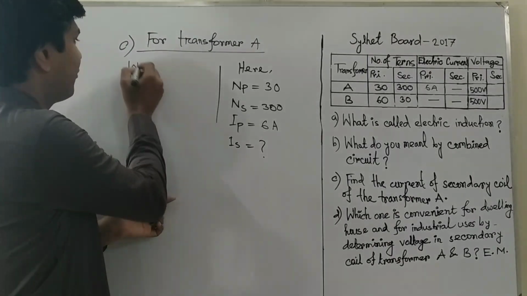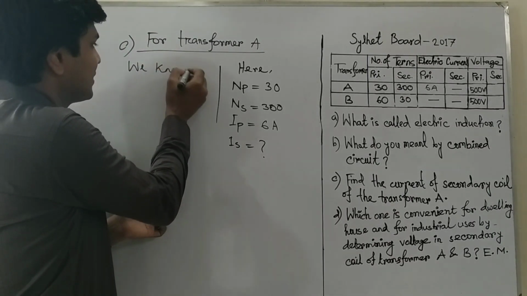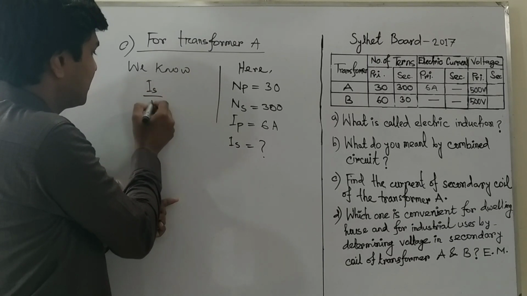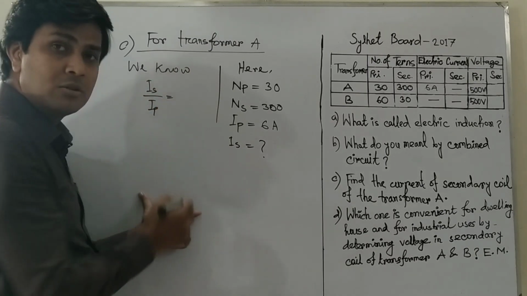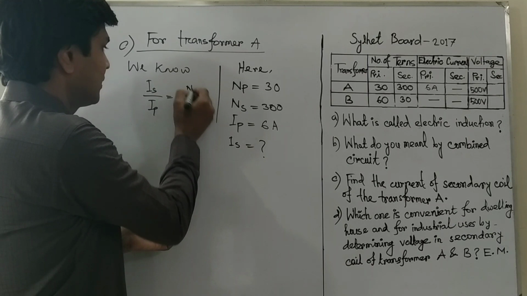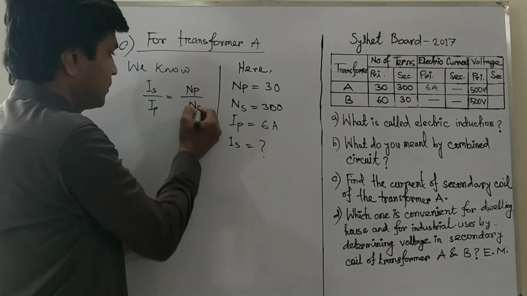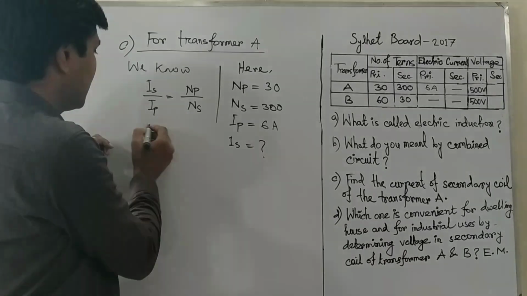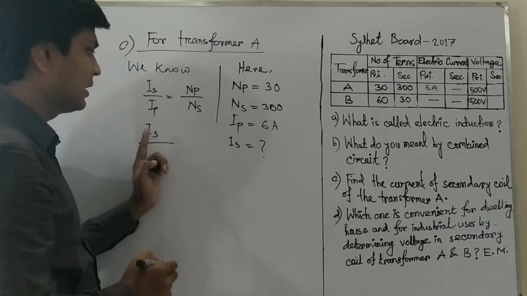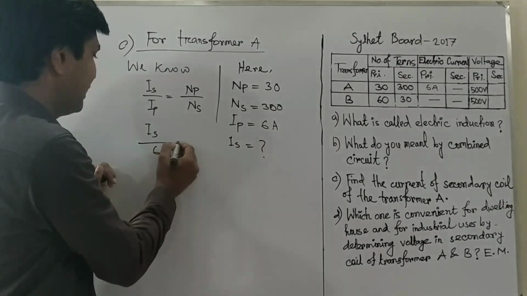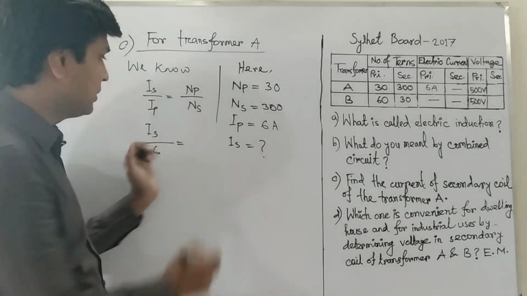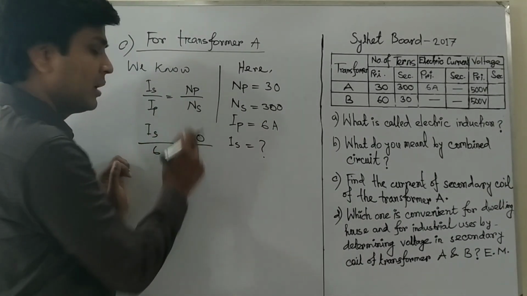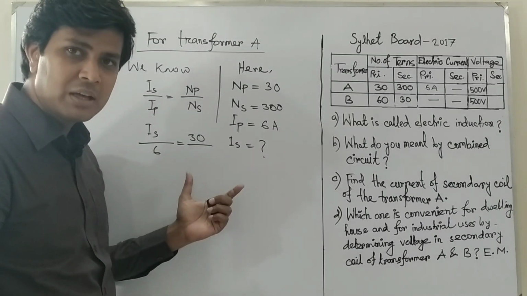We have a formula which is IS by IP equal to NP by NS, and the value of IS we have to calculate. The value of IP is given here 6, the value of NP is 30, and the value of NS is given here 300.